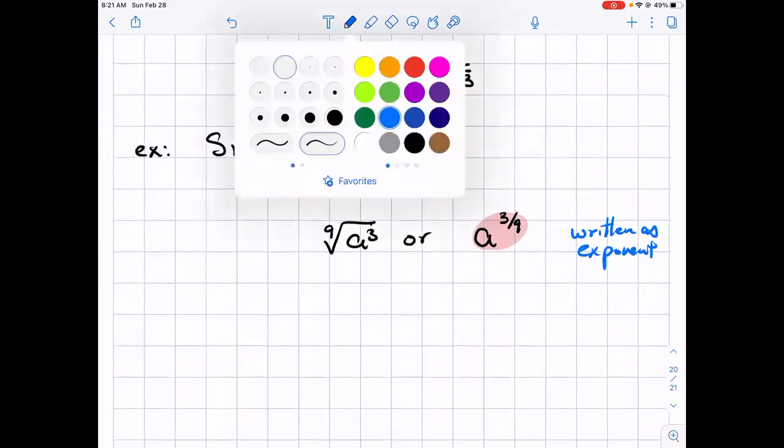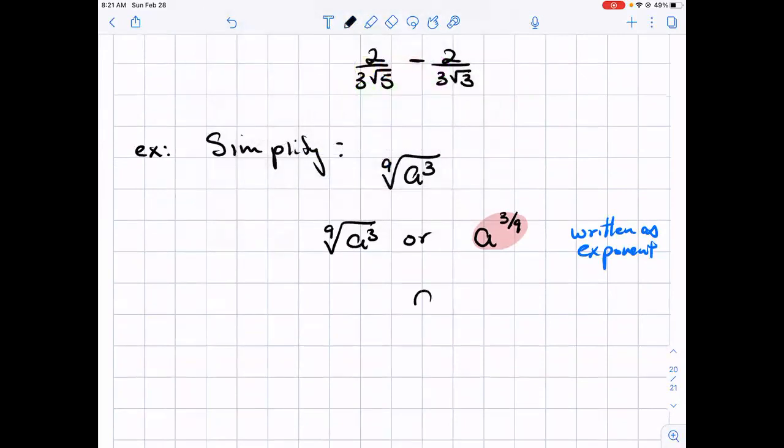And we see it better, so this becomes a to the 1/3 power, which is really the cube root of a.